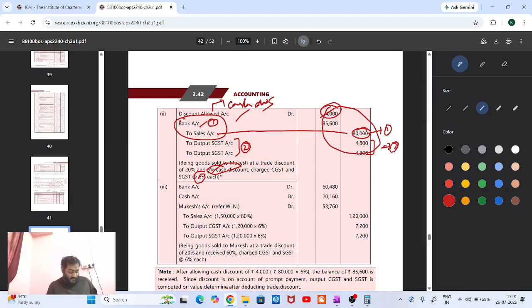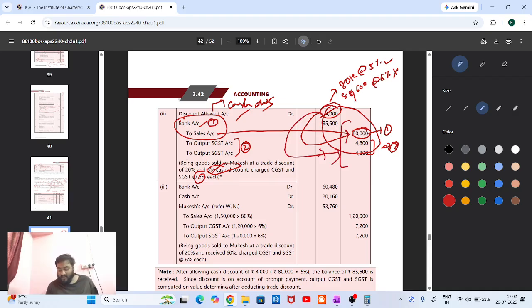Now the question is discount allowed, which is 5%. 5% of what? 5% of 80,000, not 89,600. 89,600 into 5% is wrong. This is right. Sir, what are you even talking about? Discount allowed is based on this amount, not based on this entire amount.